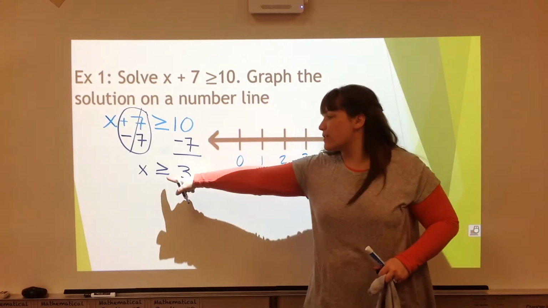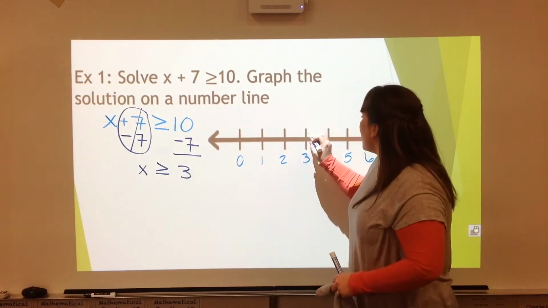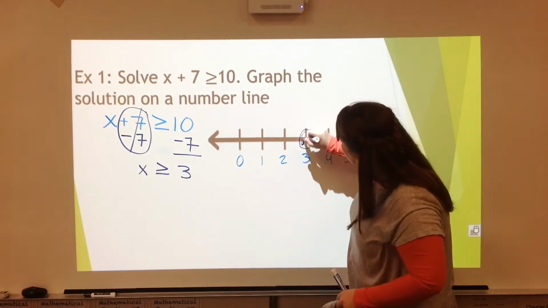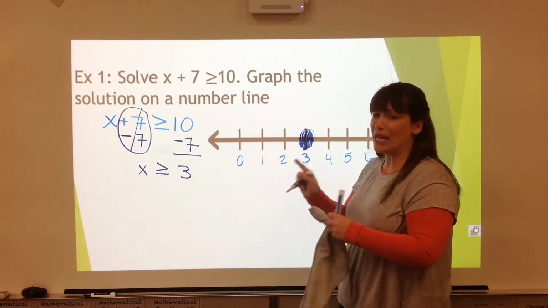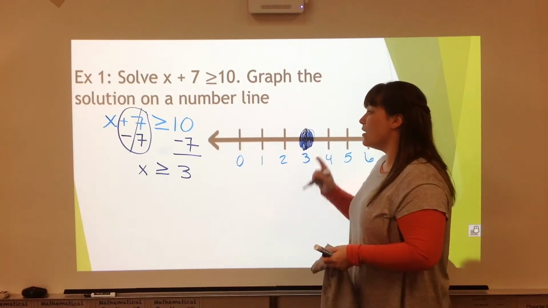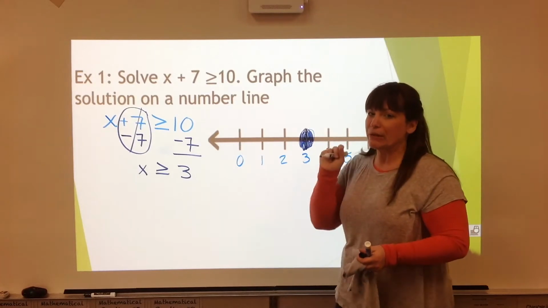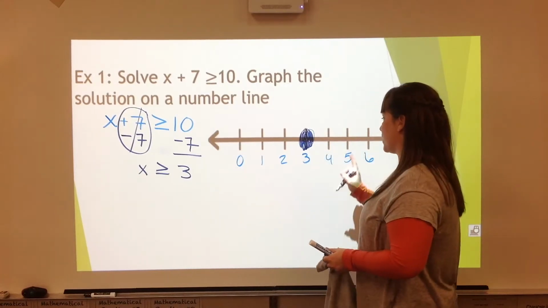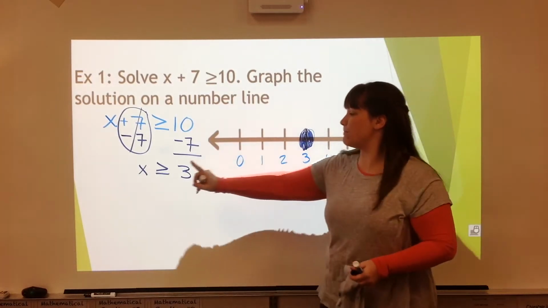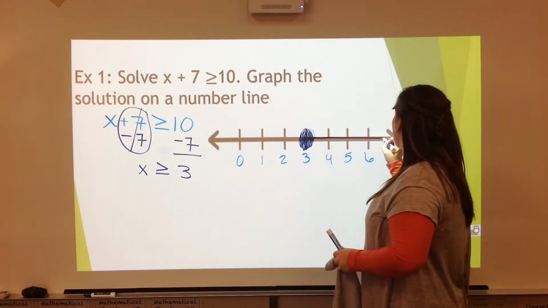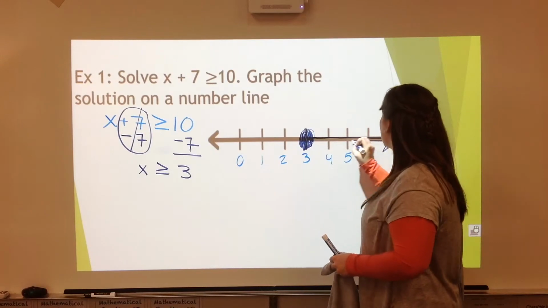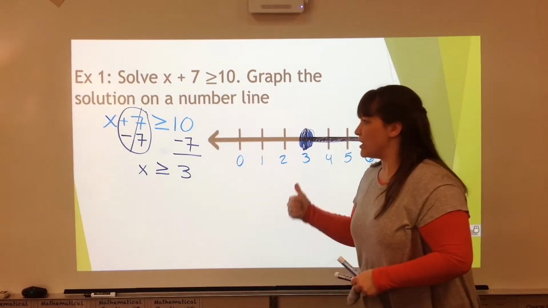Since it's greater than or equal to, I'm going to draw a closed circle on the number line right above the 3. Then I have to figure out where to shade. I want x to be greater than or equal to 3. So that means if I plugged in a 4, 4 is greater than 3, so I know I need to shade to the right. One example done.